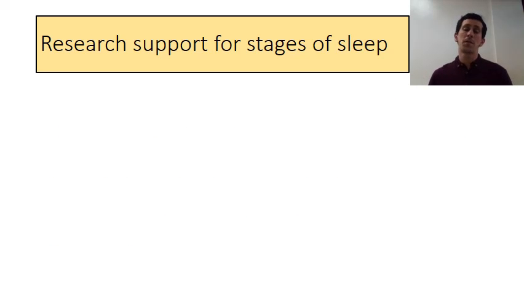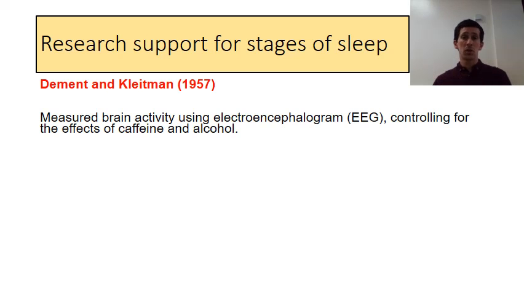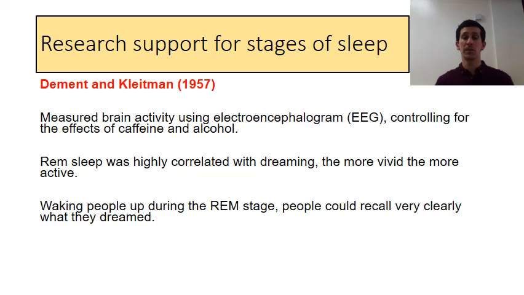So there is research support for the stages of sleep. This is a highly researched area. And one particular study used EEG to measure the stages of sleep. And they controlled for things we know affect sleep, such as caffeine and alcohol. And what they found was that the REM stage, that fifth stage, the rapid eye movement, was highly correlated with dreaming. And the more active the eye movement, the more vivid their dreams were.